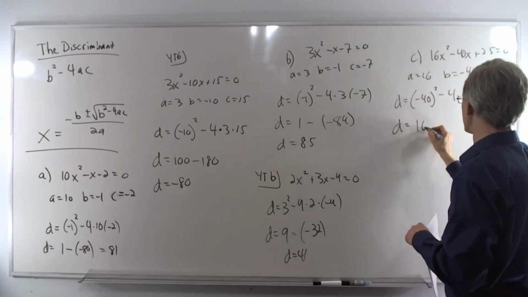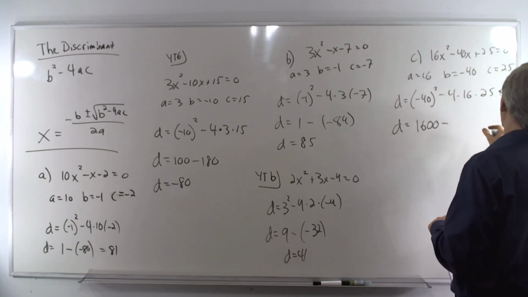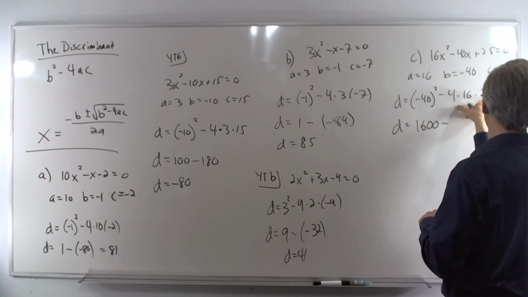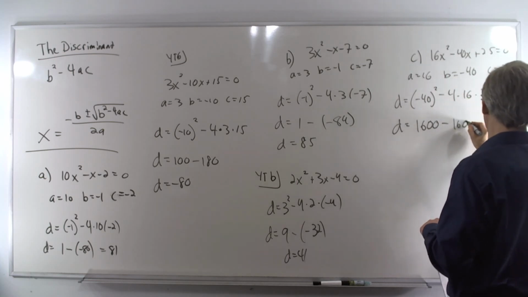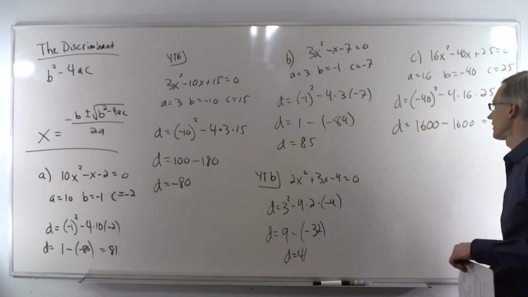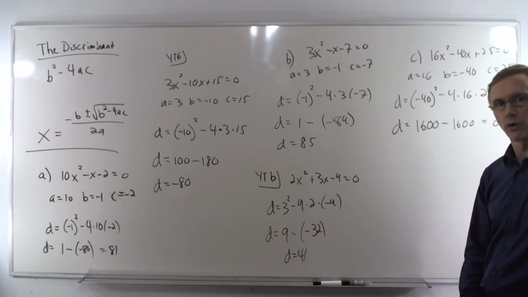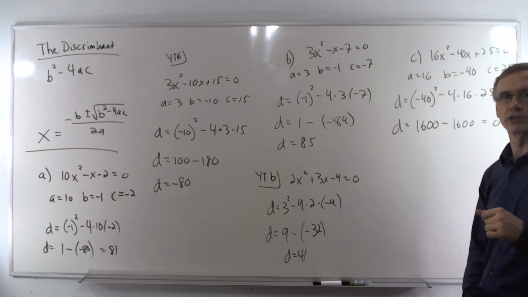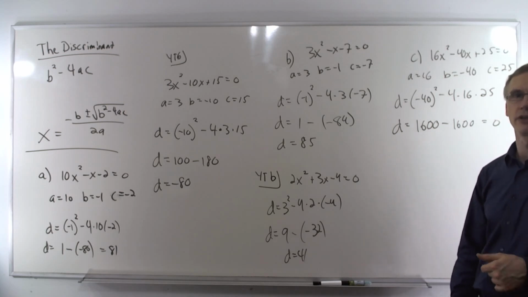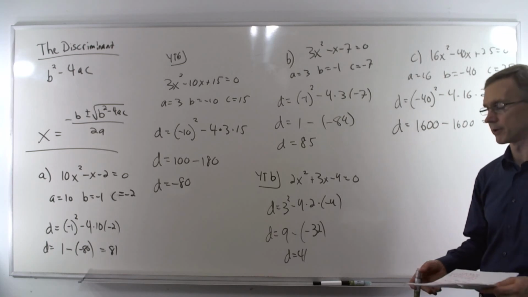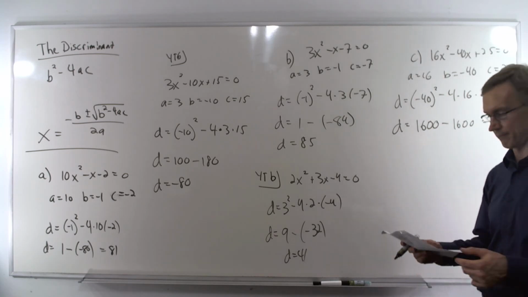Negative 40 squared is 1600. Over here we got 4 times 25 is 100 times 16 is 1600. So that gives us a value of 0. So you got a discriminant of 0. That gives us one real solution, which is a rational number, which means we can use the zero factor property to solve.